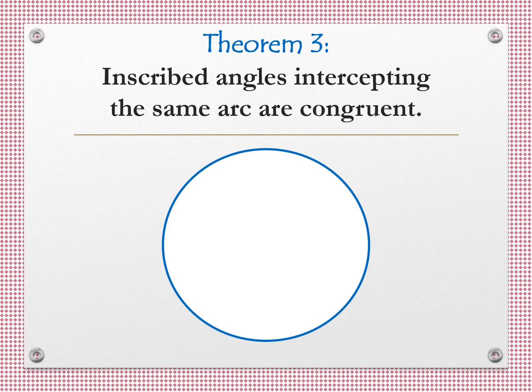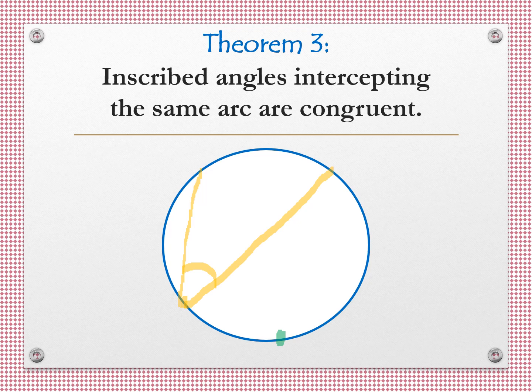So here, there should be two inscribed angles. Let me draw two inscribed angles. So let's have first the yellow inscribed angle, this one. And then another angle, let me change the color of my pen to green. And then let's say this is the vertex of the green angle.